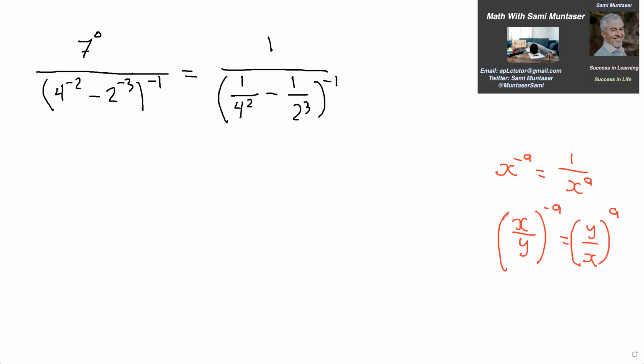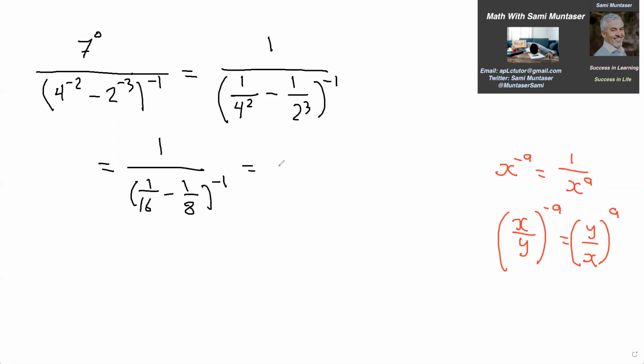You know how I said you could flip stuff if you have something to the power of negative a, you could flip it and make it y over x to the a. You cannot do that unless you have one fraction. Here we have two fractions, so we still have to simplify this and see where this is going to take us. So this will give me 1 over 16 minus 1 over 8, all to the power of negative 1.